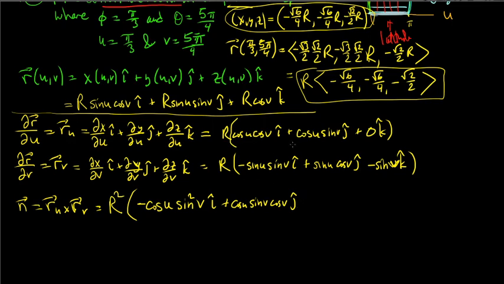It's going to be positive cosine u sine u cosine squared v. So I'll do sine u cosine squared v. And then minus a negative, so positive sine u cosine u sine squared v.